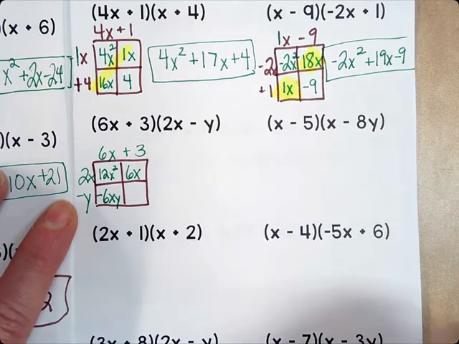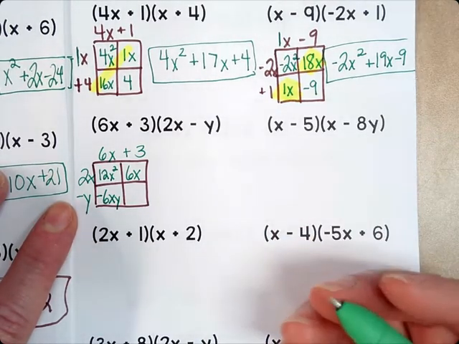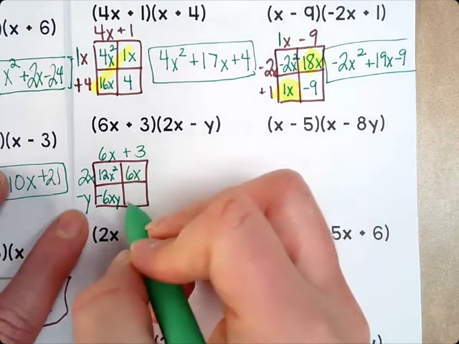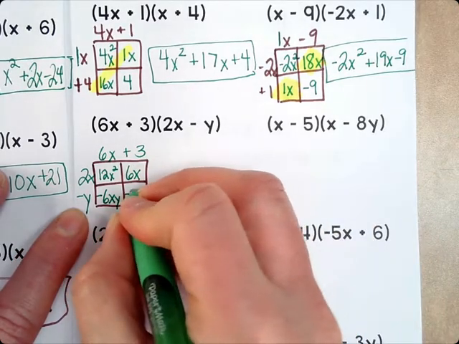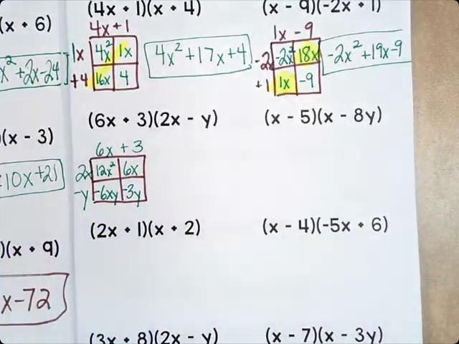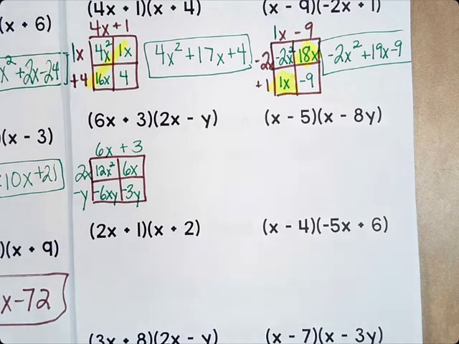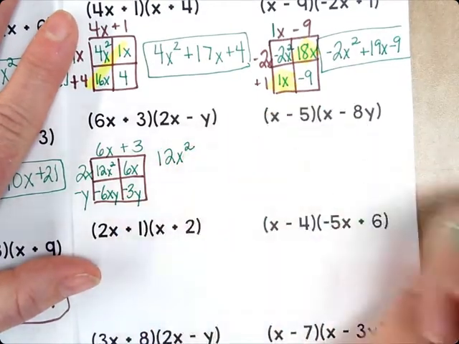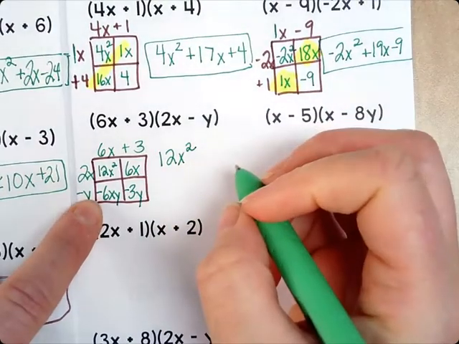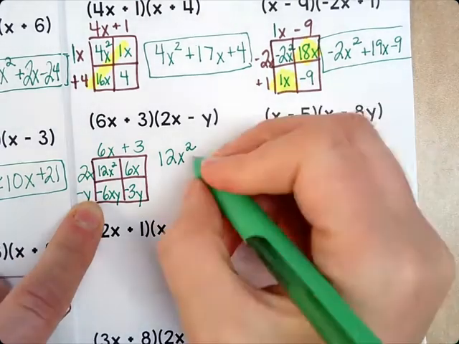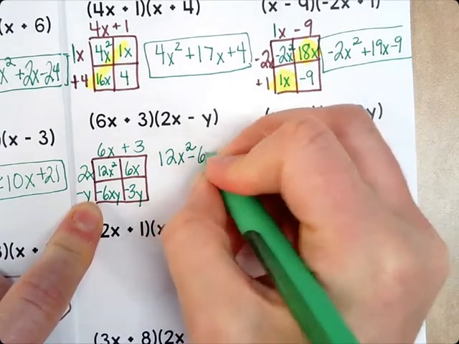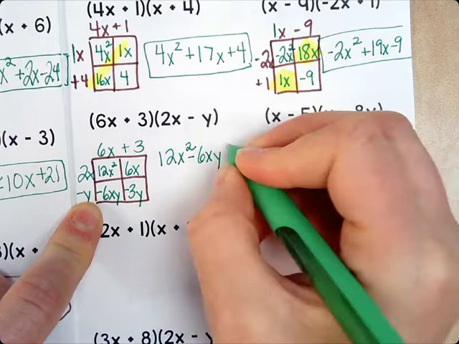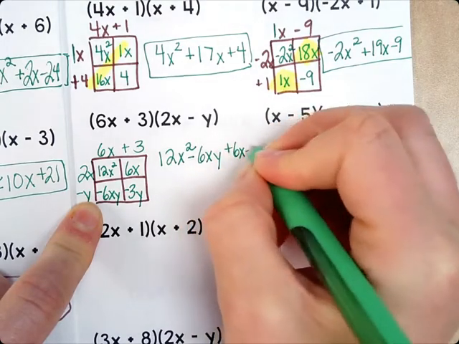We just kind of put them together. You can't combine anything. You can't add exponents because they're different variables. 3 times a negative y. Can we combine anything? No. So it's just going to be written as 12x squared minus 6xy plus 6x minus 3y.